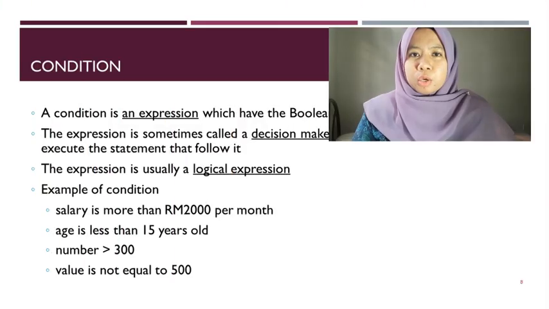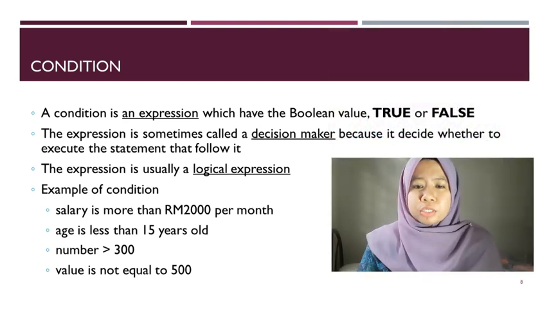Next, we are going to look at the condition. What is actually a condition? A condition is a crucial part of the selection structure. Without a condition, the selection structure itself cannot be executed. A condition is an expression which has Boolean values.